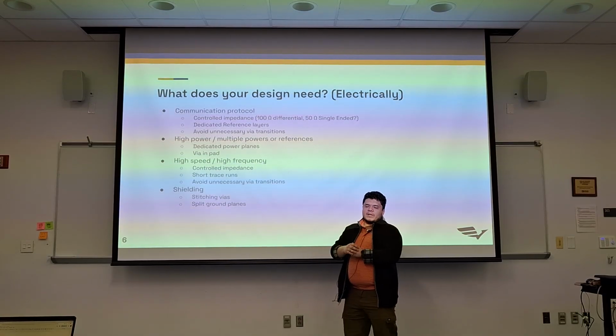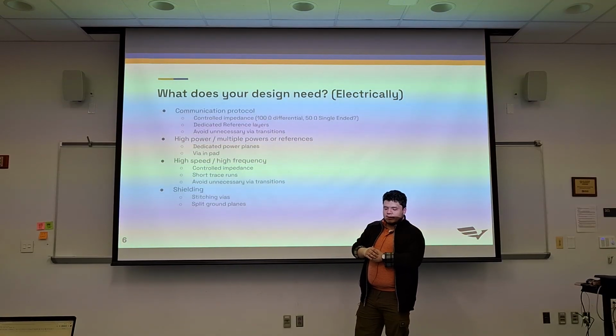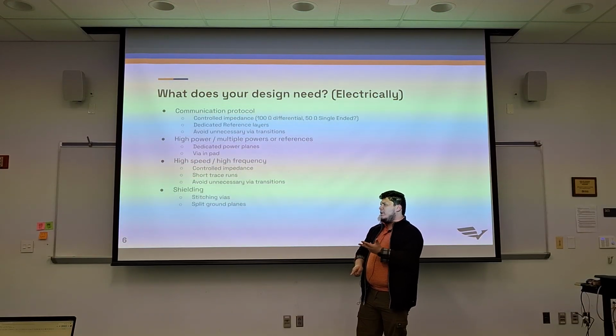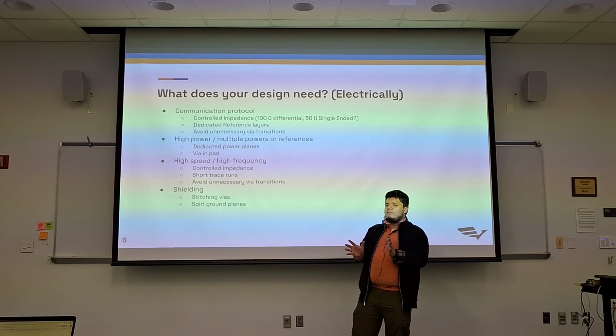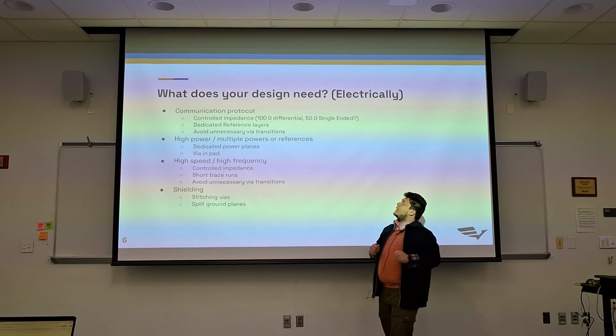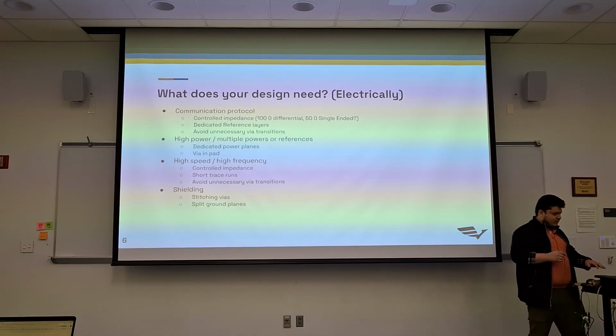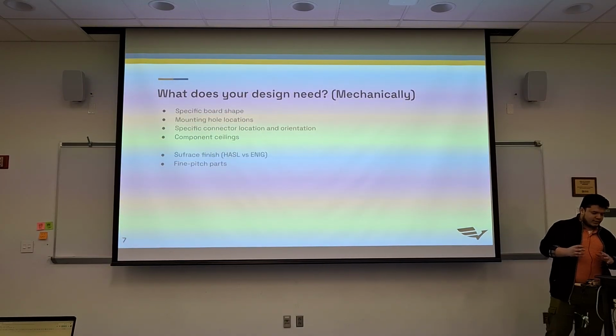But a noisy environment is usually one where you have a lot of electromagnetic noise: magnetics, transformers, inductors, switching MOSFETs, and crystals. Alrighty? And so those are some electrical constraints.